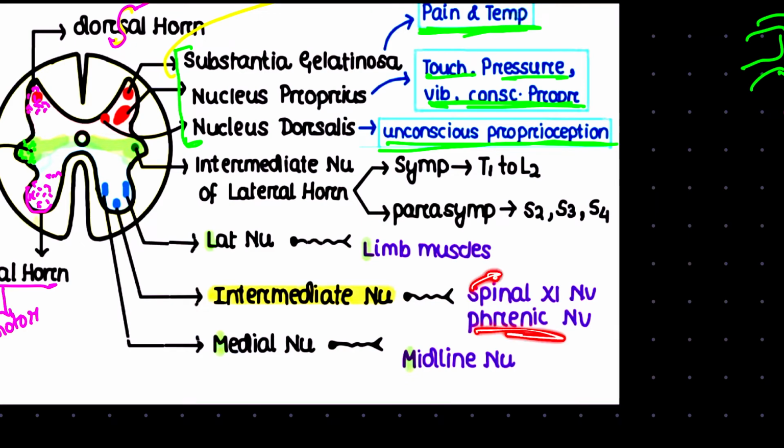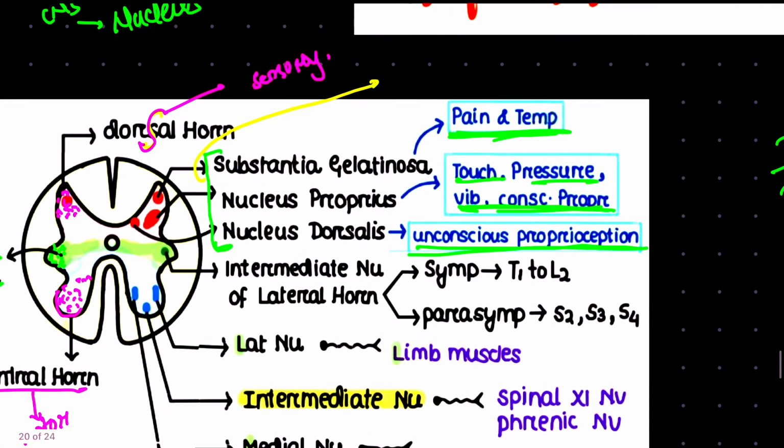The root value of the spinal accessory nerve is C1 to C5, and the root value of the phrenic nerve is C3, C4 and C5. So this was about the lateral nucleus, intermediate nucleus and medial nucleus of the ventral horn.